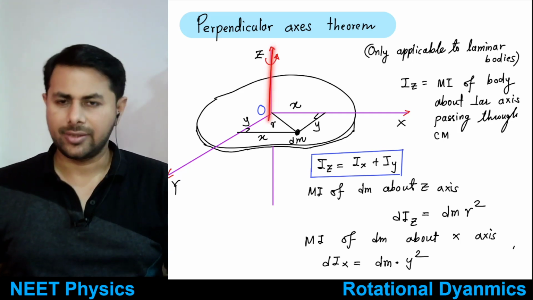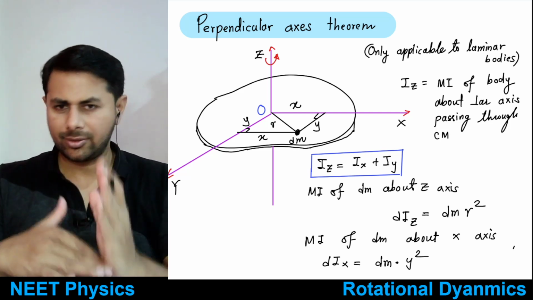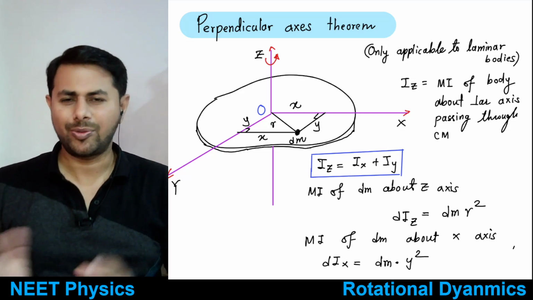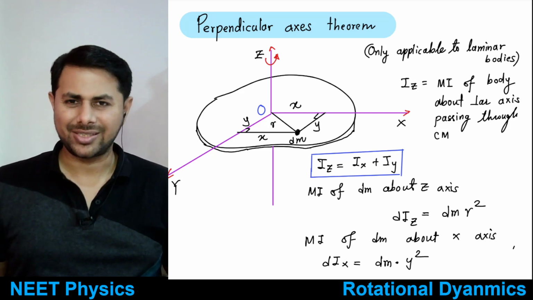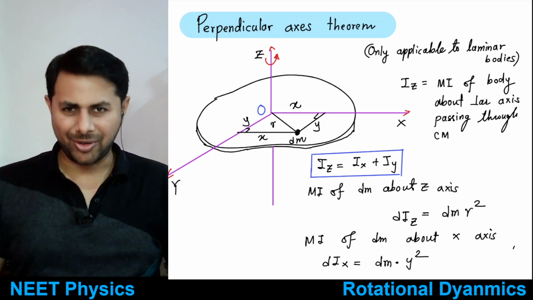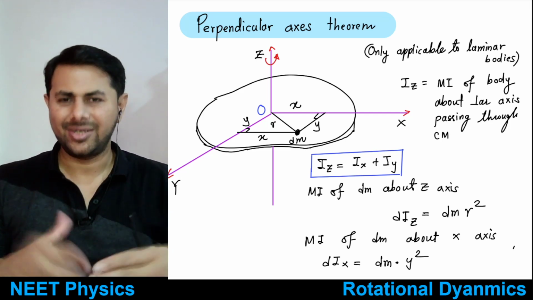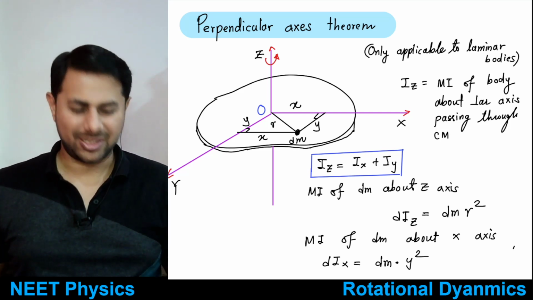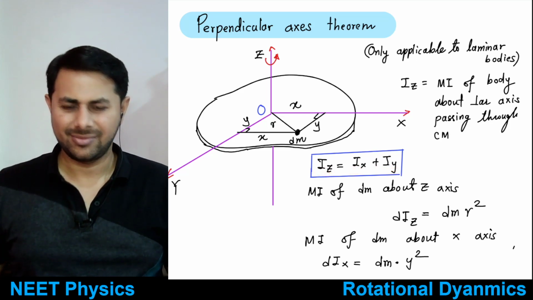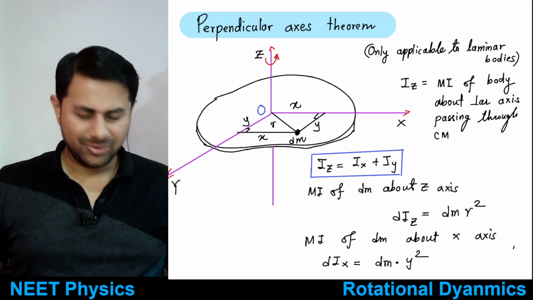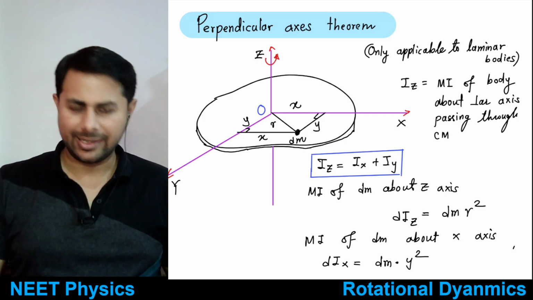So this Iz, the moment of inertia about the axis which is perpendicular to the plane of the body and passing through the center of mass, is equal to the sum of moment of inertias of the body about two axes. What are those two axes? They lie in the plane of the body, they are perpendicular to each other and they also pass through the center of mass, okay. So Iz is equal to Ix plus Iy, right? Now there is a proof of this, but we'll not go into the proof. We'll just see examples based upon this thing.